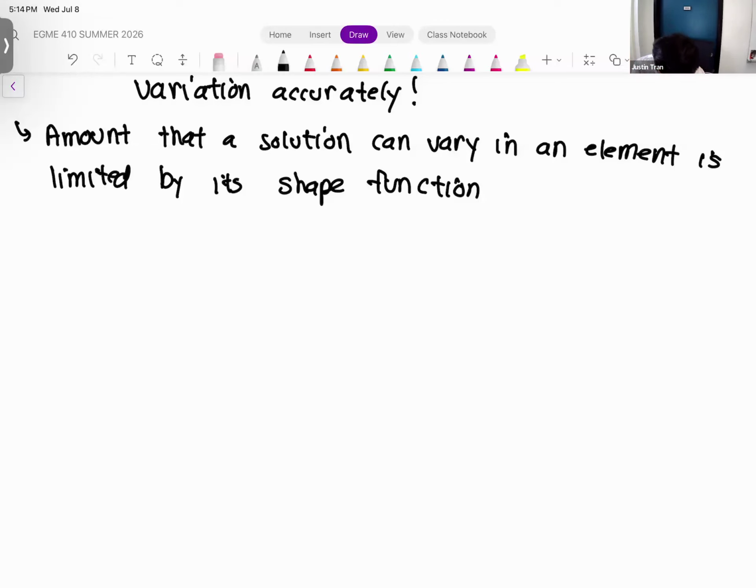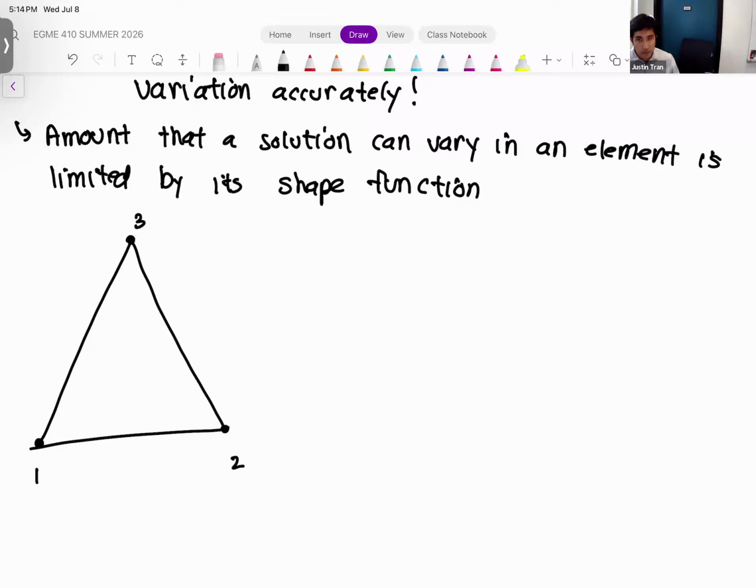So for instance, let's even take a good quality element here. Even for a relatively good quality element, let's say that we're looking at the solution going from node 1 to node 2, basically traveling along this line. From our finite element simulation, let's say that we computed the solution at those two nodes.